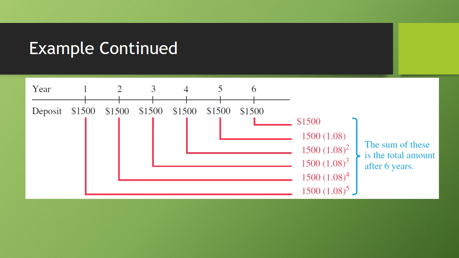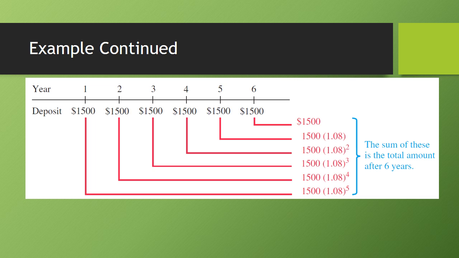So we have the principal for each payment, and then you'll notice we have that 1.08. For year 6, you can think of it as 1.08 to the 0 power. For year 5, 1.08 to the 1st. For year 4, 1.08 to the 2nd, and so on. In fact, we go from 0 to 5, which is 1 less than the 6 years.